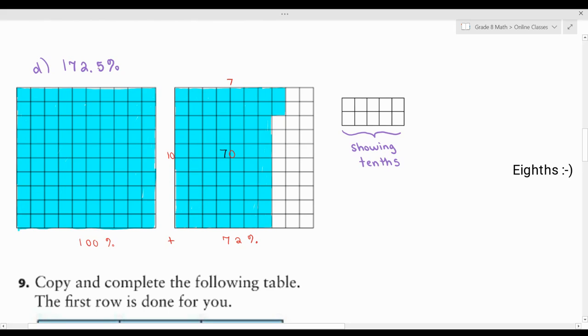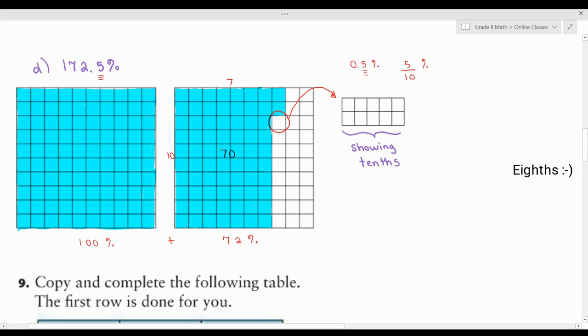Okay, but I'm still missing this little 0.5%. So again, I'm going to pick a square and pretend that I were to zoom in. Remember, if you had 0.5 as a percent, this is in the tenths position. So that's like saying you have 5/10 of a percent.